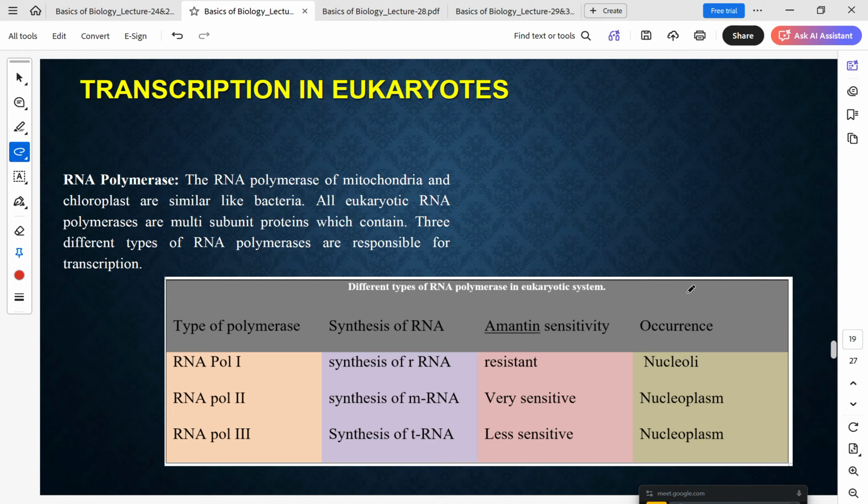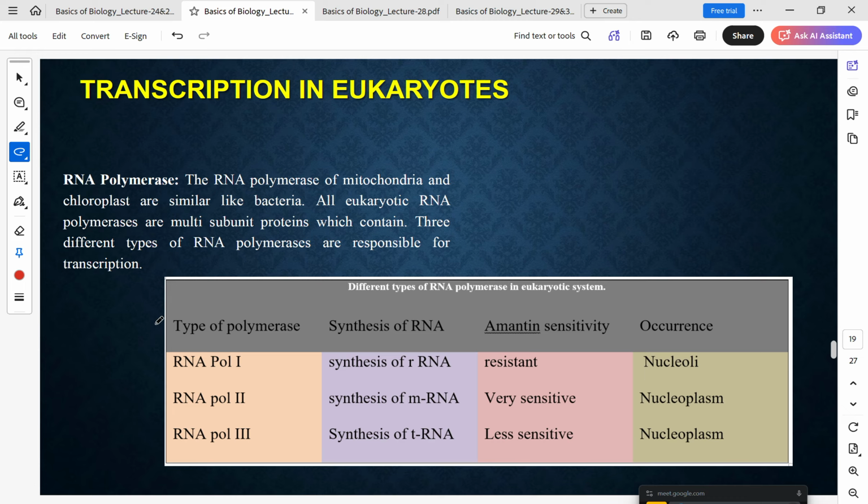As I said, transcription also happens in the cytosolic fraction within mitochondria and chloroplasts, because they have their own nucleic acid information. So in those cases, the transcription machinery is very similar to that of prokaryotes.